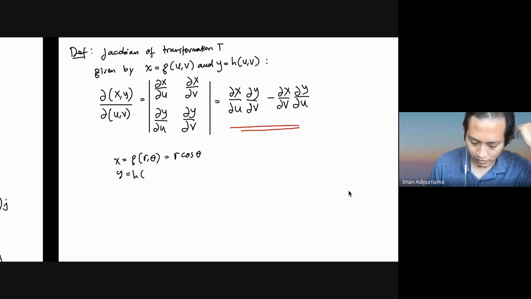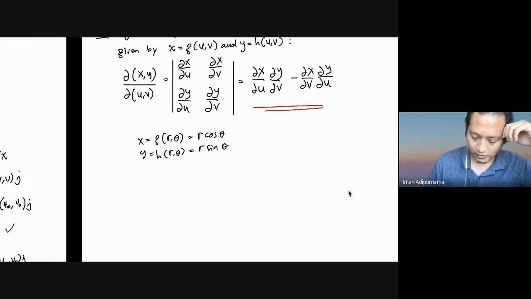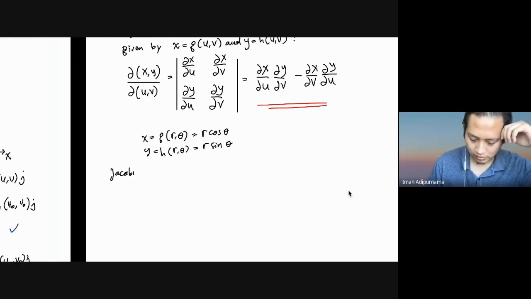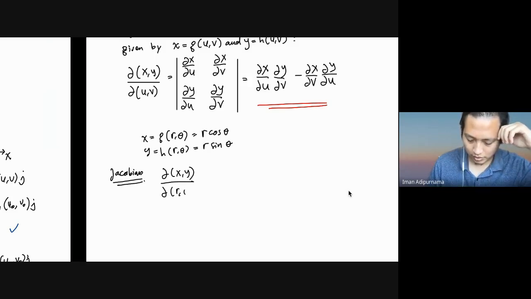And Y is, let's say, using another function, r sin theta. The Jacobian will be of xy with respect to r theta. So you need to find, first, dou x dou r and dou x dou theta, and then dou y dou theta.